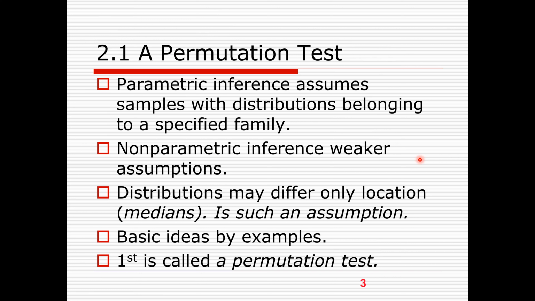For parametric methods, we have some inferences, but those inferences often have assumptions that our samples may follow some distributions or distribution families. Whereas using nonparametric methods, those inferences have weaker assumptions, usually just the assumption about symmetric features or continuous features of a sample.